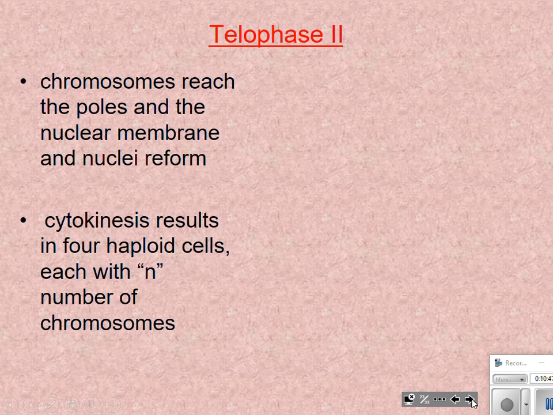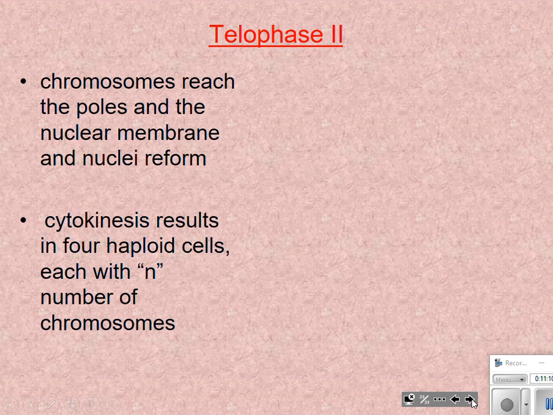For human beings, what would that n number be? 23. The haploid. Remember, haploid means half. Diploid is 2n, that is double.